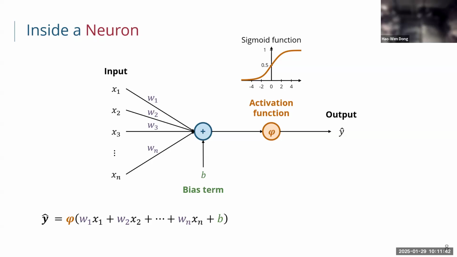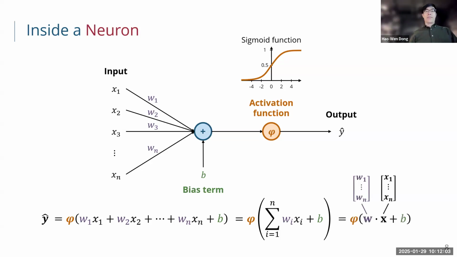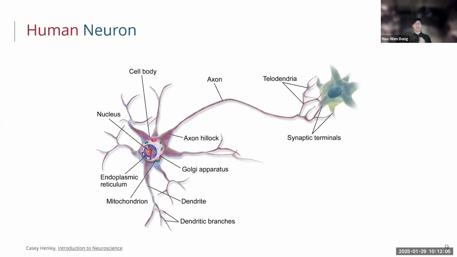And then you plug in some bias, and then you get that activation function. We'll talk about activation functions later. But basically what it does is a very simple calculation on the weighted sum of the input. Mathematically, you can write it in this form, but it's just a fancy way to write it. You can also represent it as a vector.